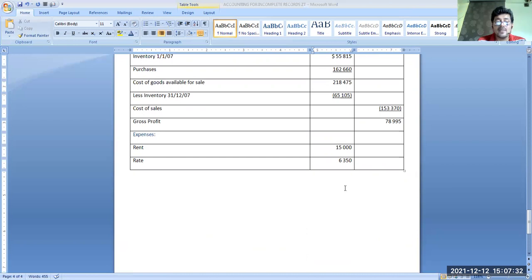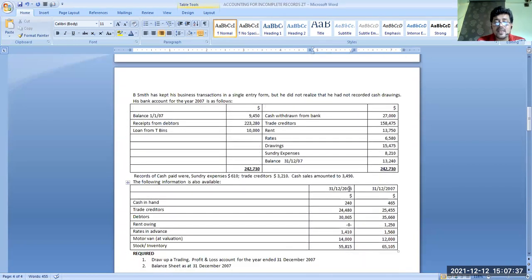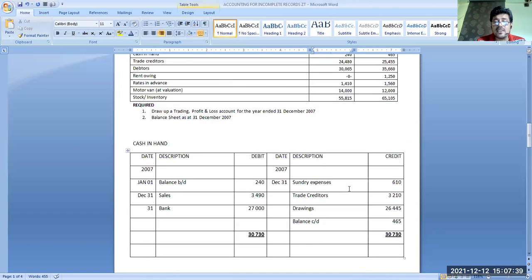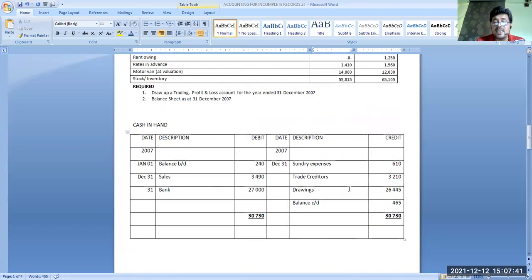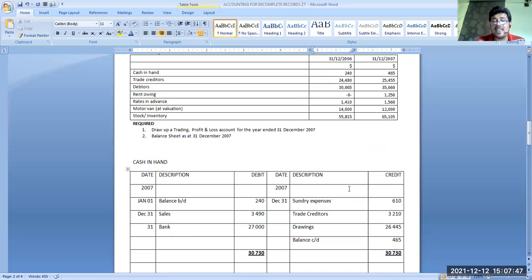Okay. Now, after rates, the next expense is sundry expenses, 8,210. Sundry expenses are also given under cash in hand. There are two parts: sundry expenses paid by check and paid by cash also.